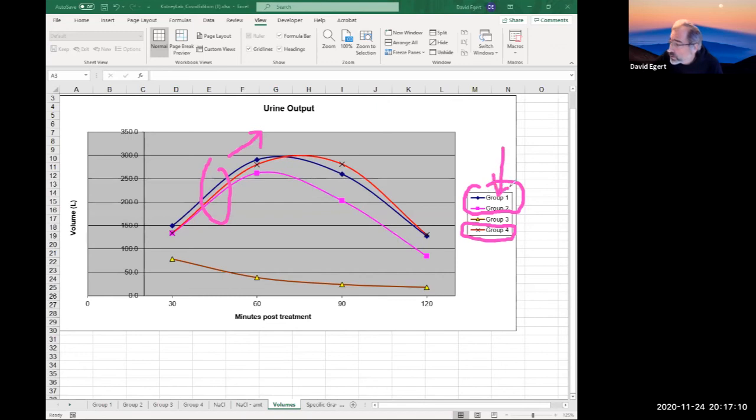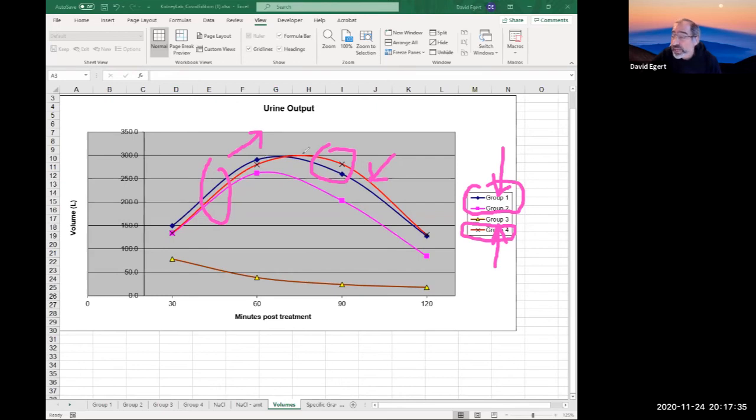Group 1 and group 4 only differ by caffeine. We can say they're pretty similar, although if you want, you can say the caffeine group looks like slightly larger volumes over time. Not dramatic, but a little bit. So we do see a difference, but it's not much.